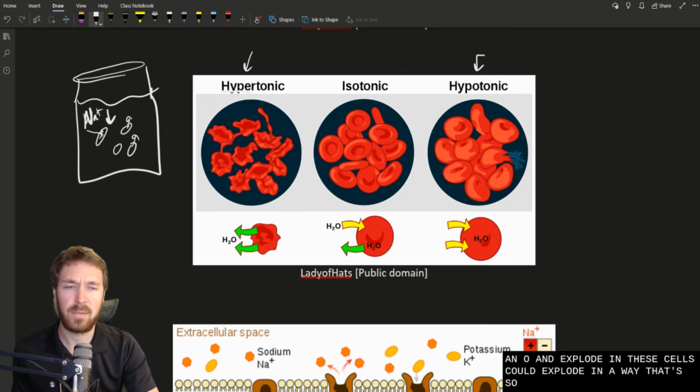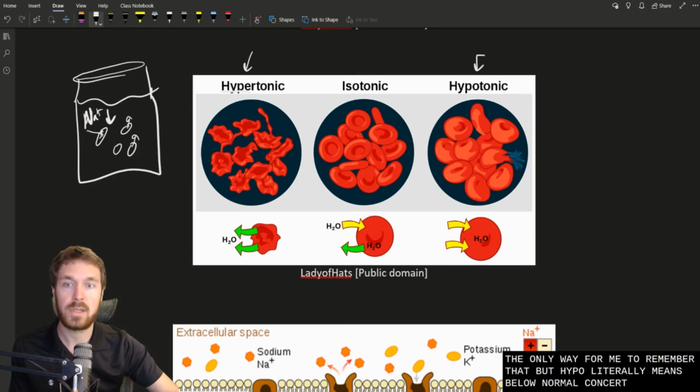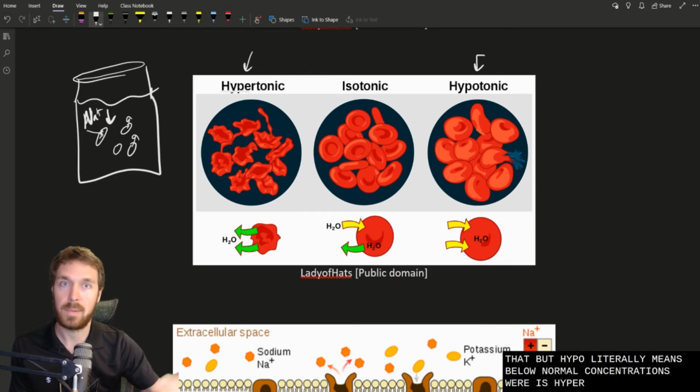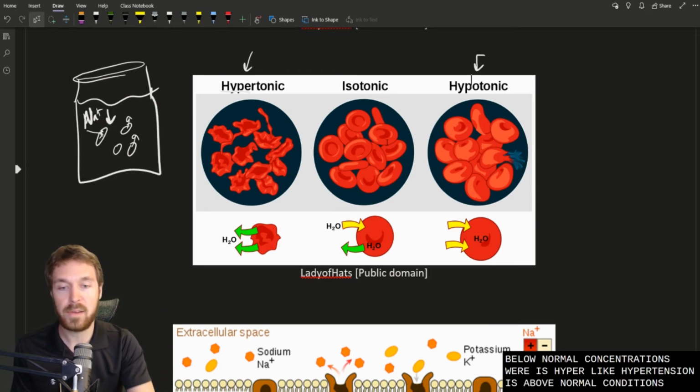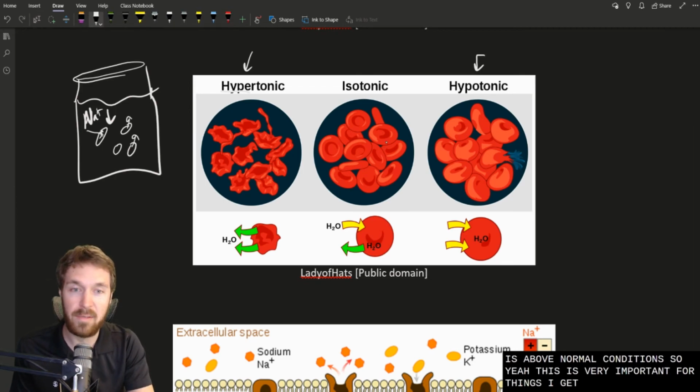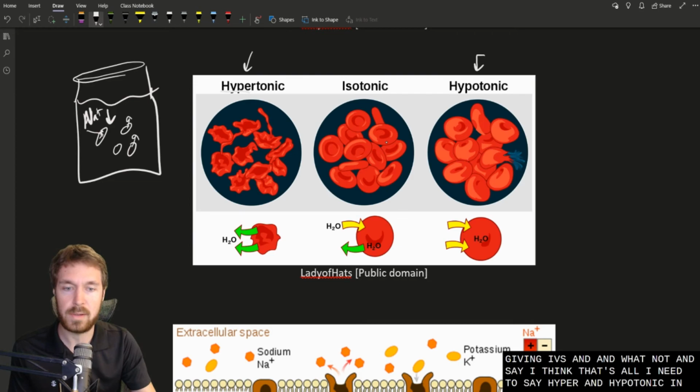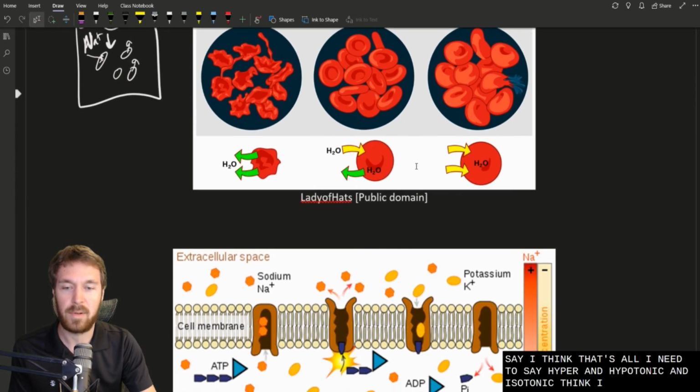A silly way for me to remember that. But hypo literally means below normal concentrations, whereas hyper, like hypertension, is above normal. So this is very important for things like giving IVs and whatnot. I think that's all I need to say with hypertonic, hypotonic, and isotonic.